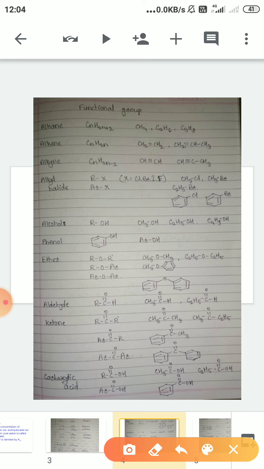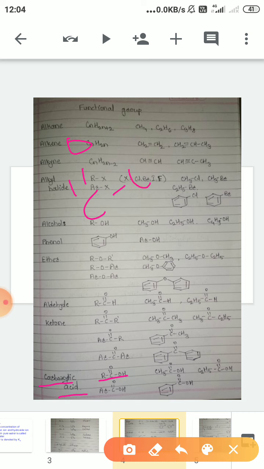Now if both aryl groups, or both benzene rings, are attached to the carbonyl group, then it is called diphenyl ketone. Now the next functional group is carboxylic acids, and the functional group is C double bond O OH.